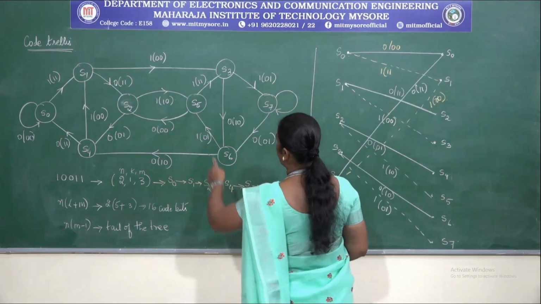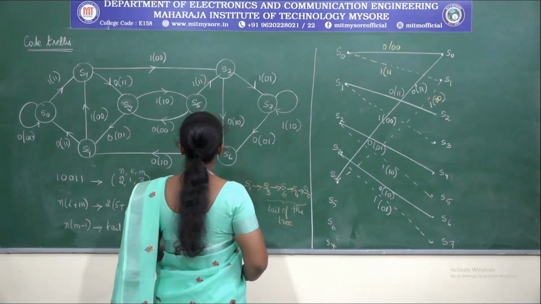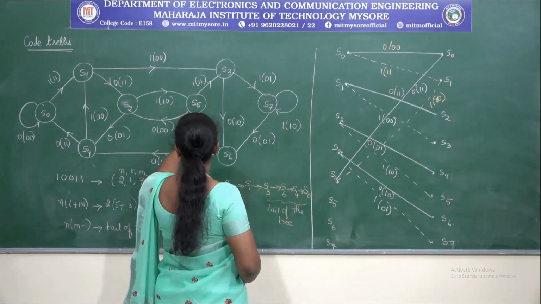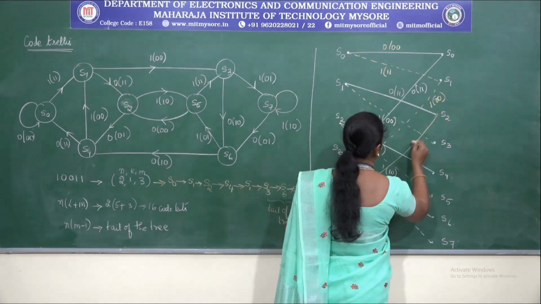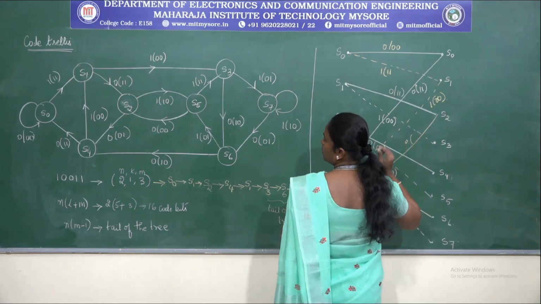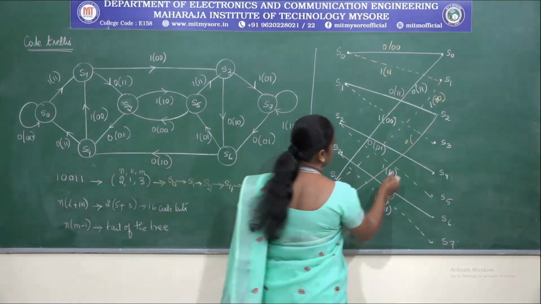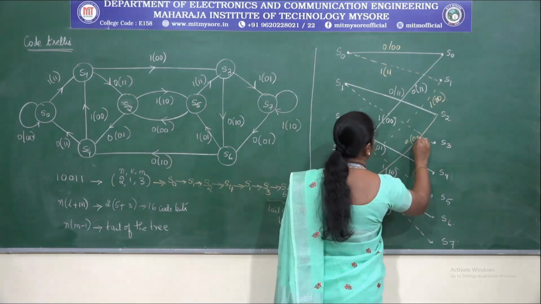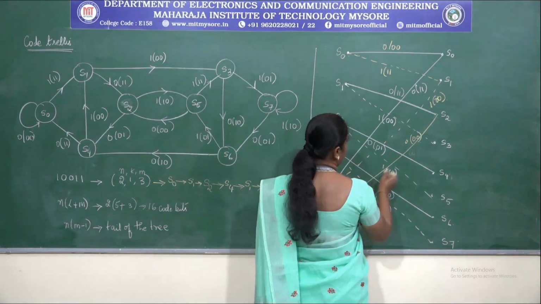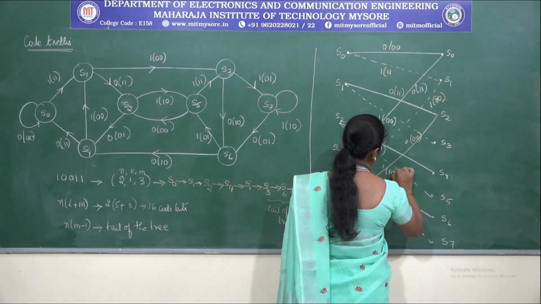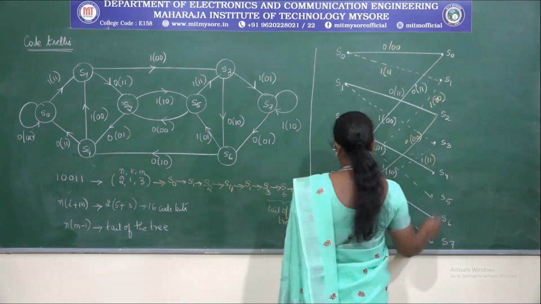Next, if we consider S5, with input 0 it reaches S2. Output is 0, 0. S5 with input 1 reaches S3. This is for 1, output is 1.